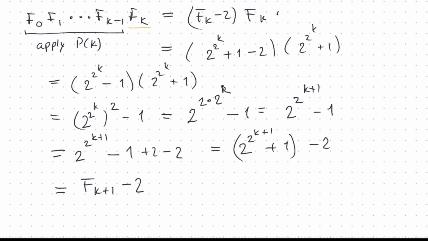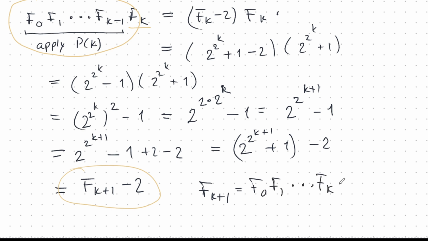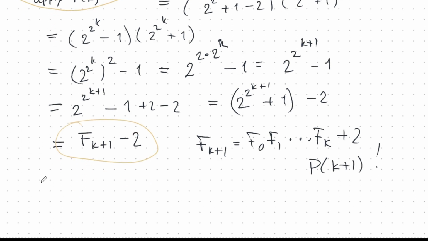So let's look at this. Combine this and this together, and what do we get? We have fk plus 1 is f0, f1, dot, dot, dot, all the way up to fk plus 2. And this is pk plus 1. There we go. So we have proved that if pk, then pk plus 1.